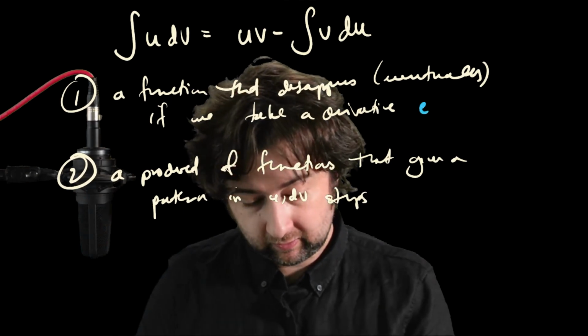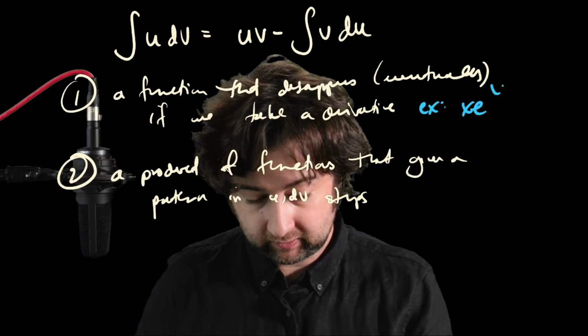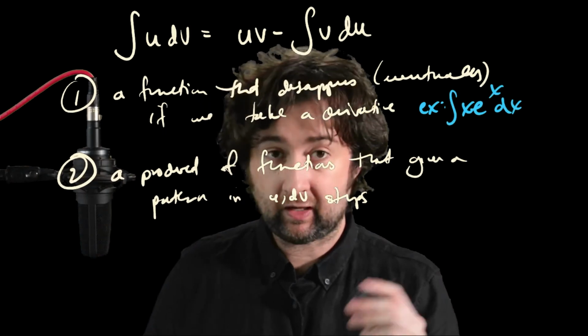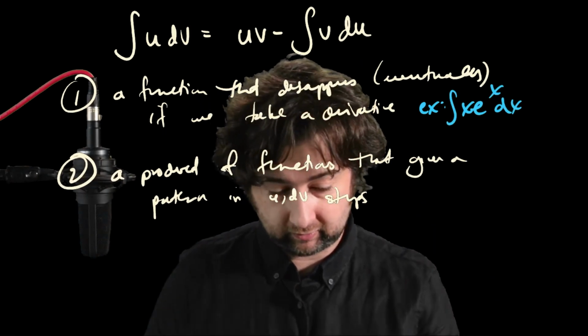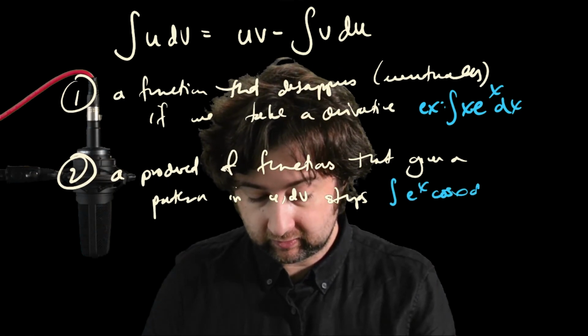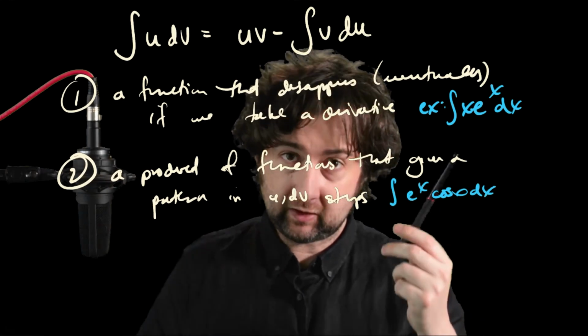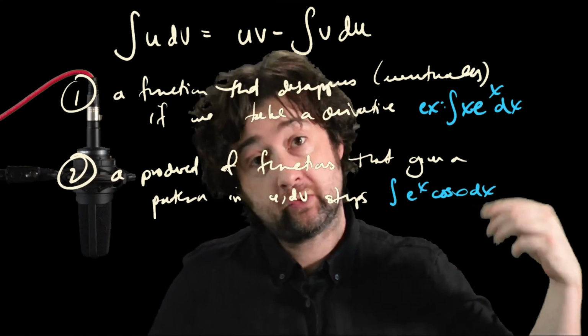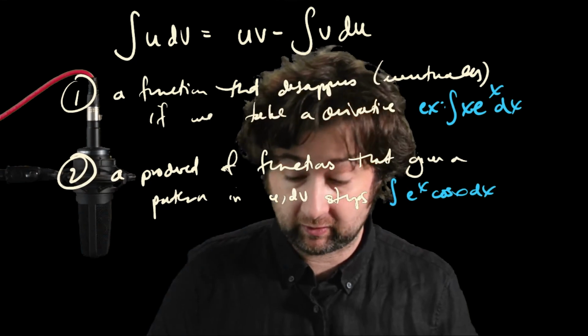The example here was something like x e to the x, because the x will disappear if you take derivatives long enough. Here it was examples like e to the x cosine of x, because if you keep taking derivatives of e to the x and integrals of cosine of x, eventually you're going to end up with the same integral that you started with.